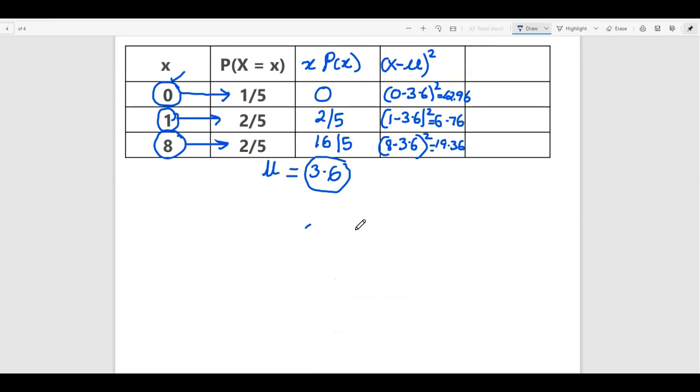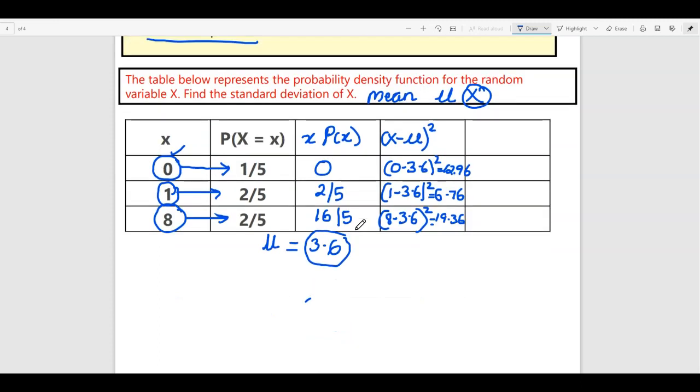So I'm going to multiply x minus mu squared with the probability. Here, 12.96 times, what's the probability? 1 over 5.